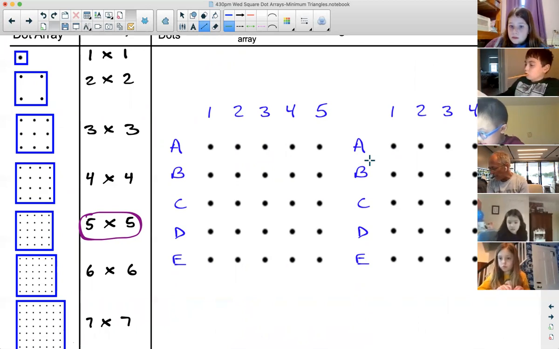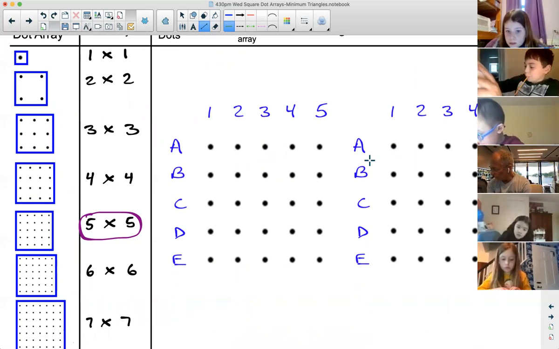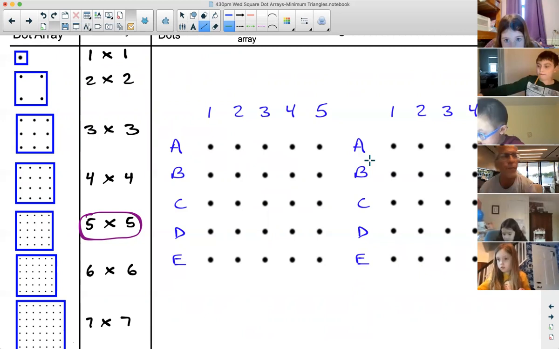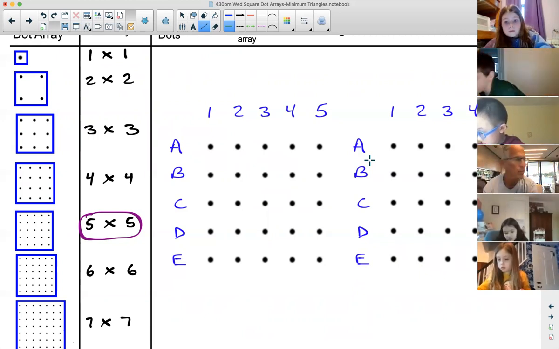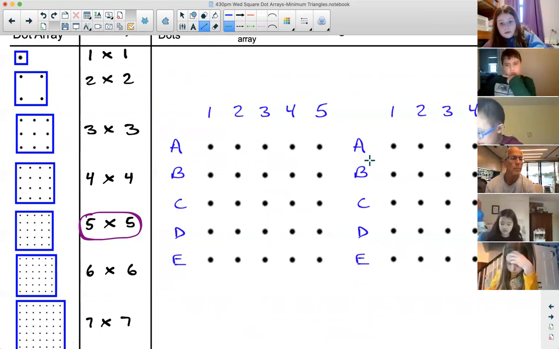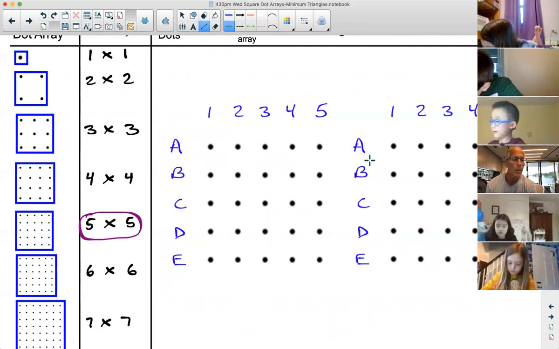But I am going to say to you that there are 2 different solutions, at least. Suni, don't raise your hand until you have at least 2 different solutions. And this is the one where you have to start thinking like a high schooler.